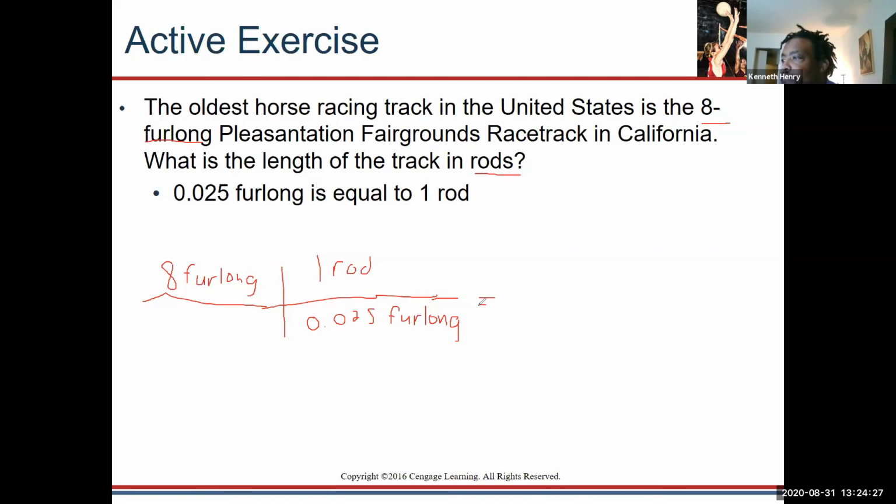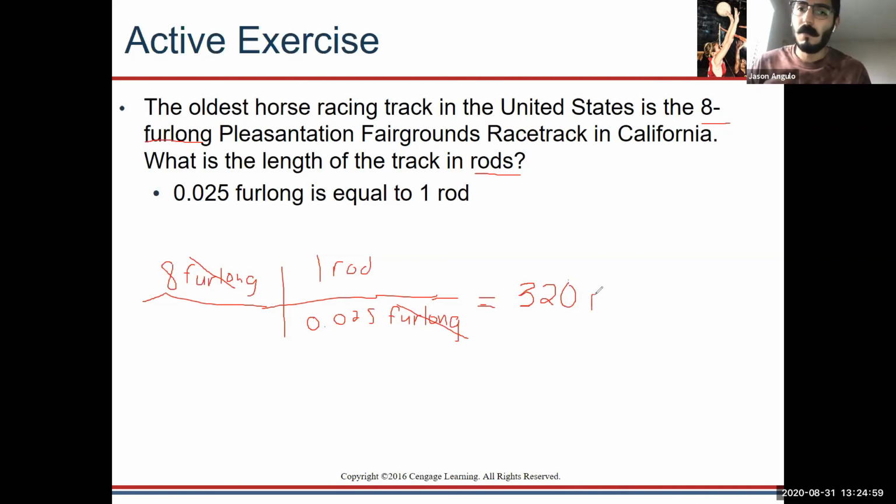So then the furlongs cancel each other out, and then you could divide the 1 by the 0.025 and then multiply it by 8. So what will that be? The division part would be 40, and then when you multiply it by 8, it's 320 rods. Piece of cake?